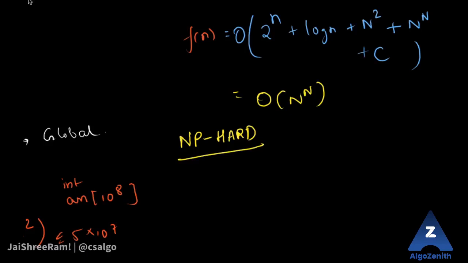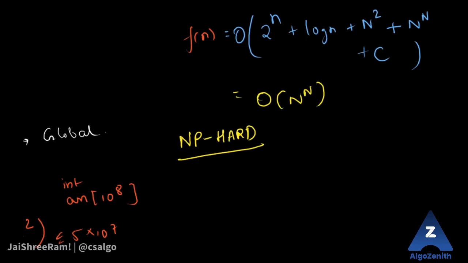One particular class of these are called NP complete problems. They have a nice property that all of them are reducible to one another. So if you solve one NP hard problem in polynomial time, everything else will be solved in polynomial time as well. And these are not yet proved to be solvable in polynomial time.